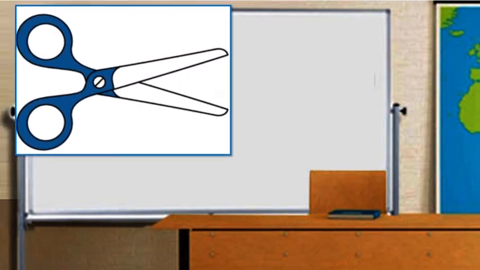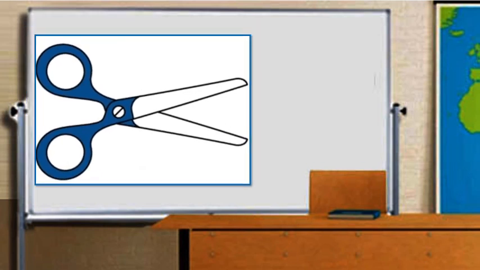The next picture, seesaw. Our seesaw has 2 lines, this one and the other one. So, what lines does our seesaw have? Correct. These are intersecting lines. Because the 2 lines of the seesaw intersect and meet at a certain point.